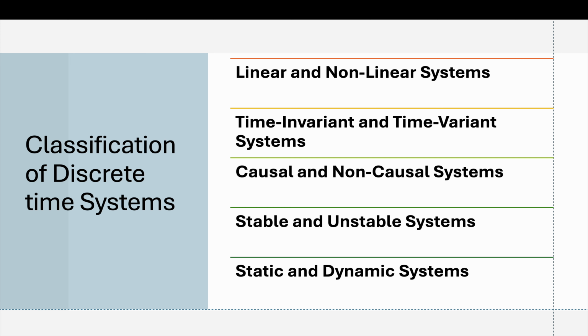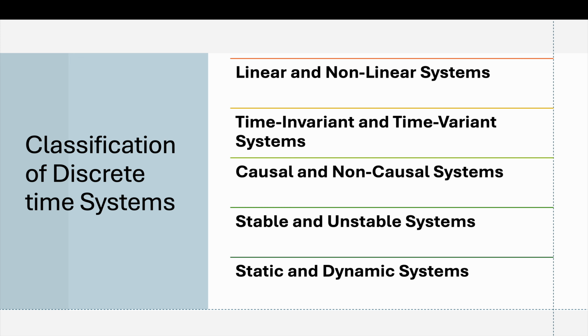If we design a system with some stored values, then it can become a non-causal system. So the difference is that it depends on time. If the response depends only on present and previous values, it becomes causal. If it doesn't obey this rule, it becomes a non-causal system.